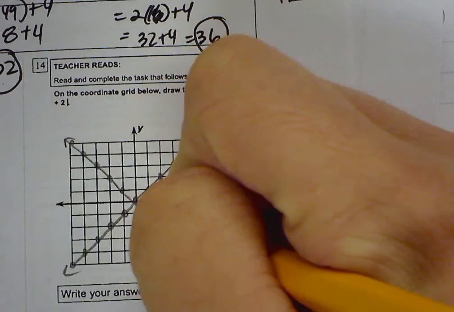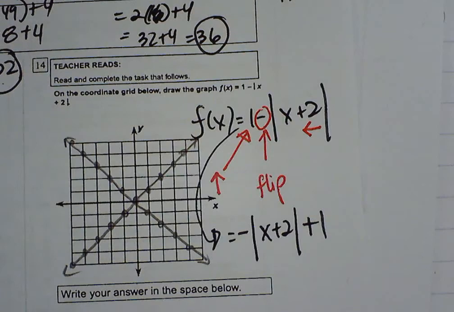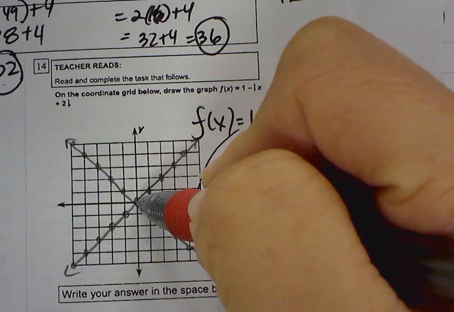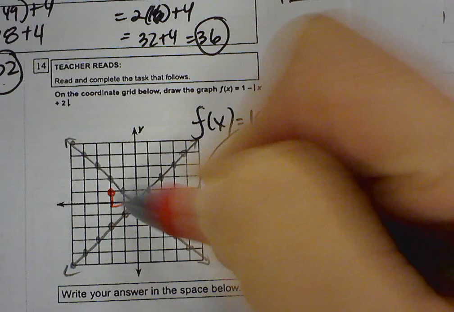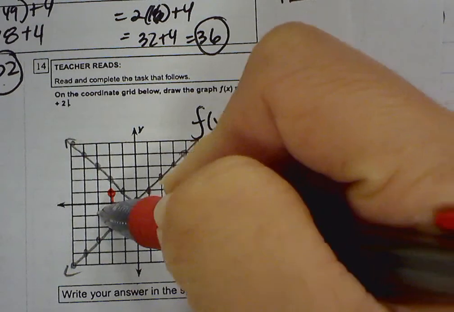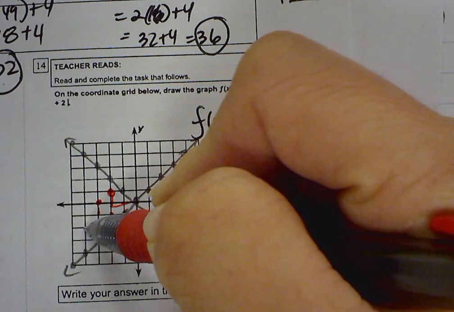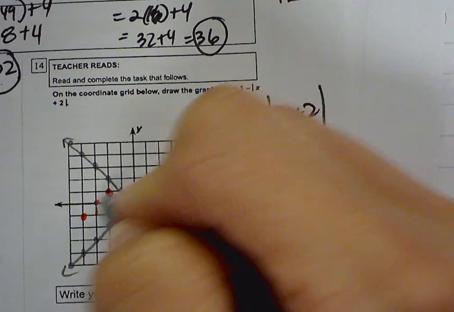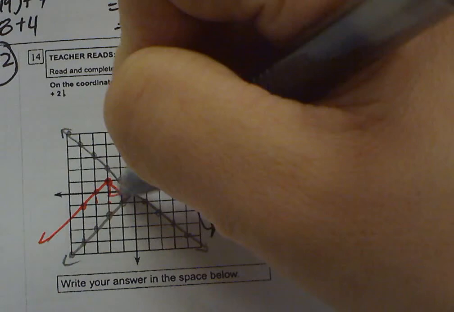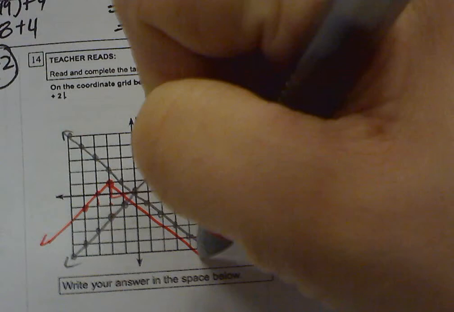So I'm going to just take my vertex and go 2 to the left and 1 up. This one goes 2 to the left and 1 up. This one goes 2 to the left and 1 up. And what do you know? It still has the same slope. And there we go.